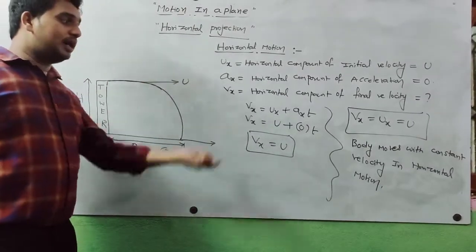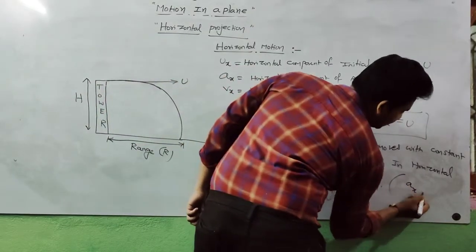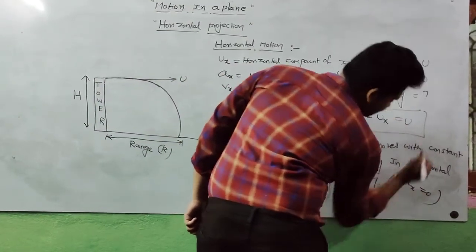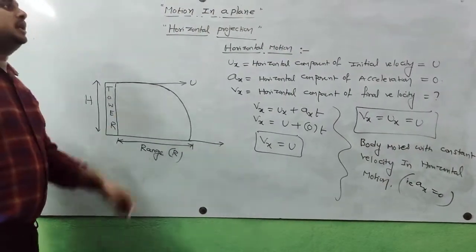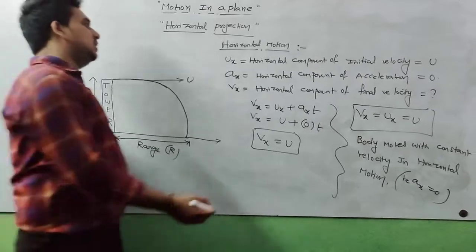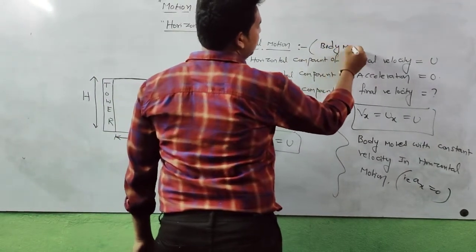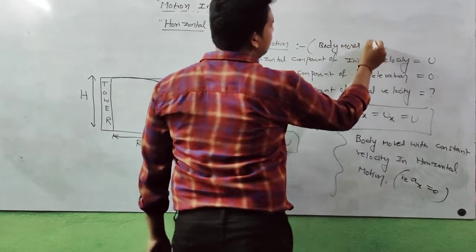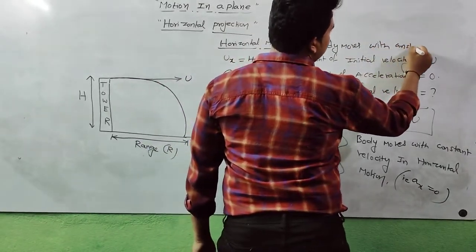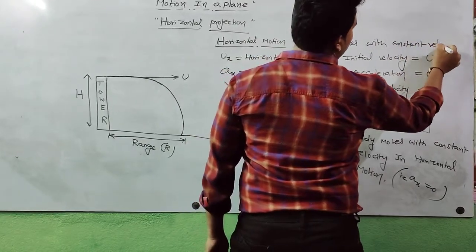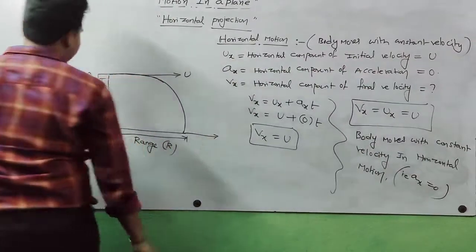Whenever a body moves with constant velocity, definitely the acceleration is equal to 0. So horizontal motion means the body moves with constant velocity.